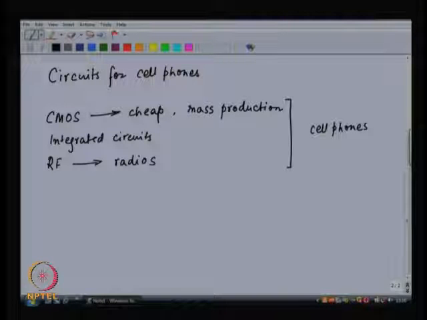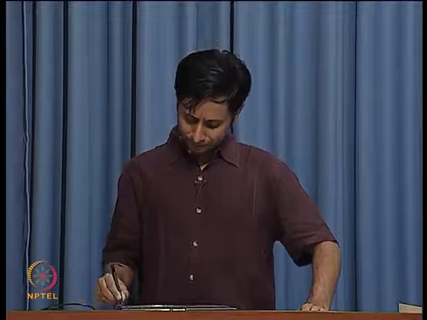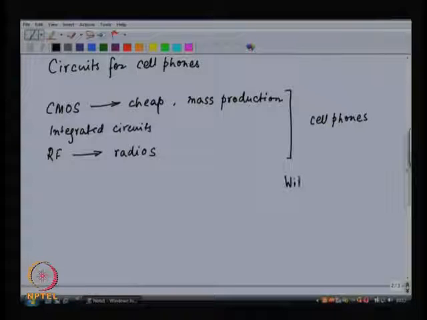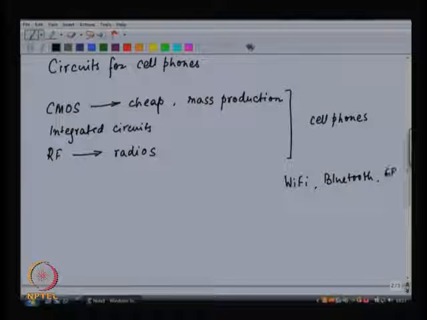Okay. So, now that we understand this, let us go back. What else are we going to cover? Is it just cell phones or a few other applications also? Not many more. So, apart from cell phones, maybe the other radios that I can think of that are also cheap and mass produced are Wi-Fi, maybe Bluetooth, maybe GPS.